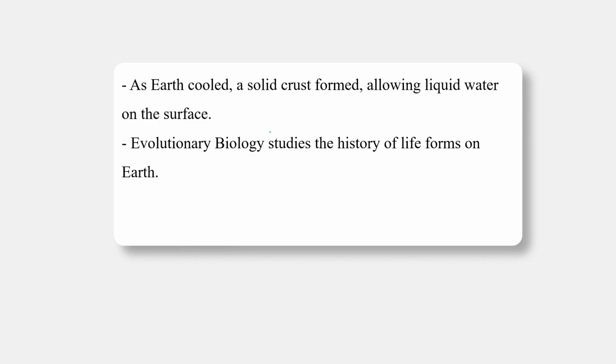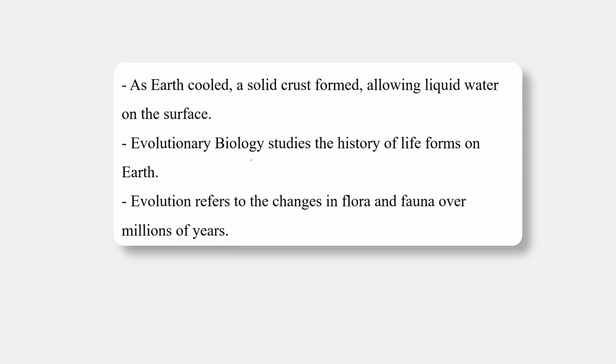And at that time, life actually formed on the Earth, as evolutionary biologists' experiments and various studies tell us. So evolution means change. Evolution refers to the change in flora and fauna over millions of years.